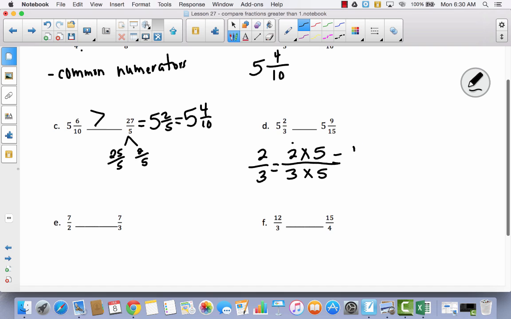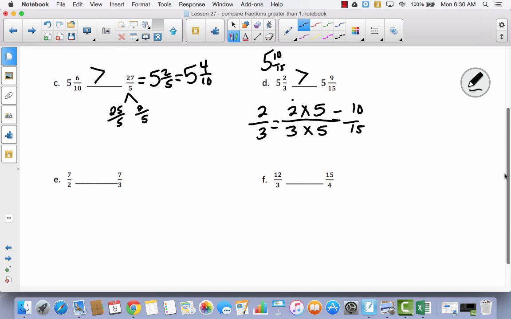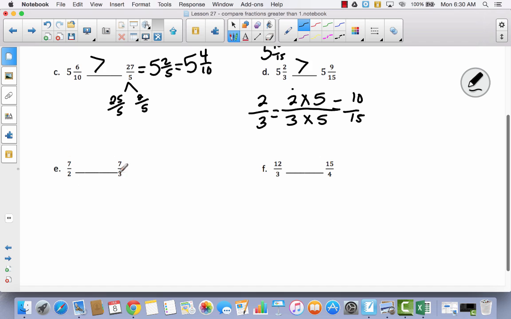That would give me 10/15. So now I'd have 5 and 10/15 to compare to 5 and 9/15. So which one would be greater, 10/15 or 9/15? 10/15, right?